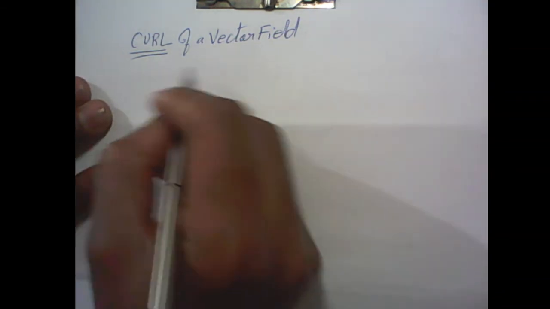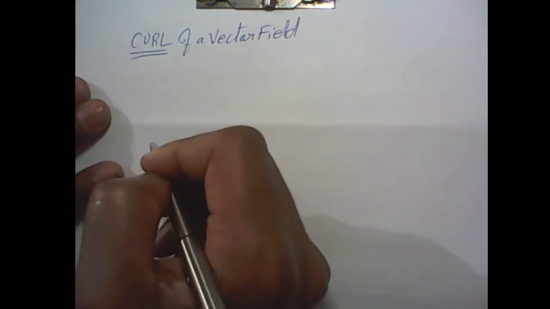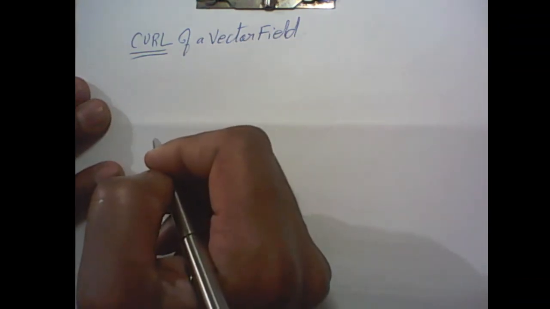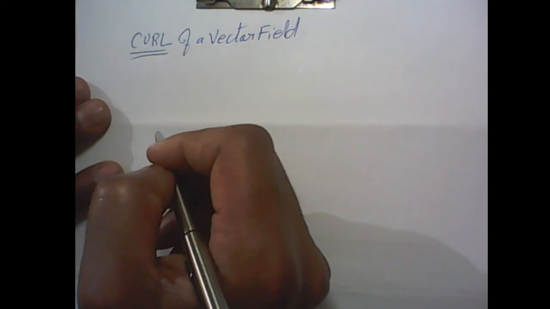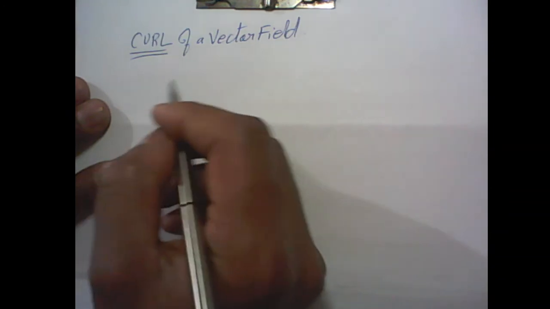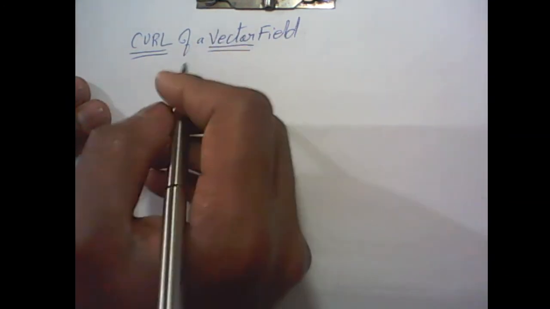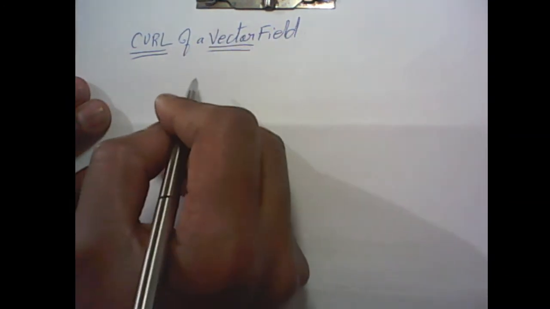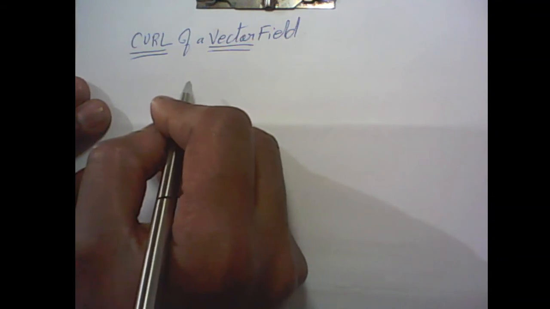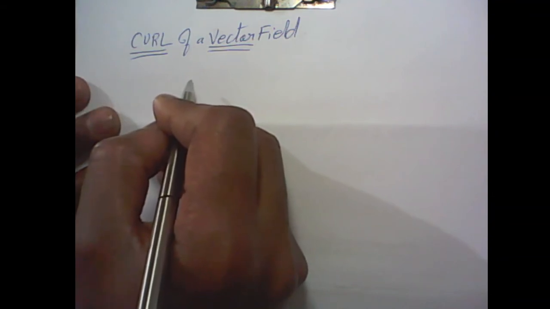The water curls round and goes in. The velocity vector for the water will have a finite curl. It's curling round a point. So curl of a vector field determines how much a field or a vector is curling round a point.